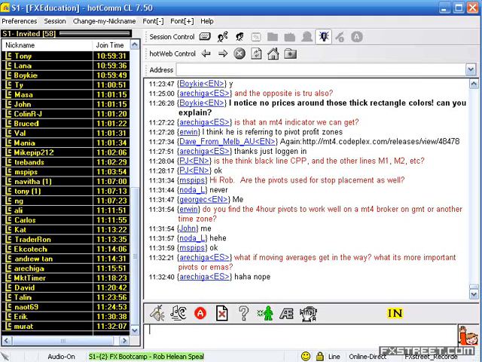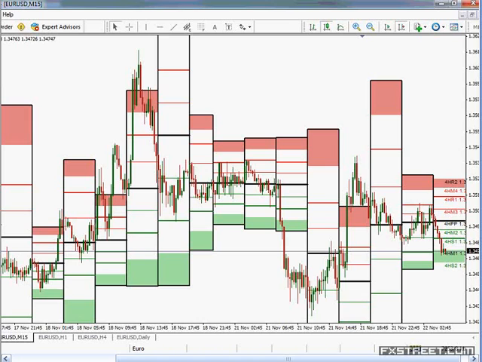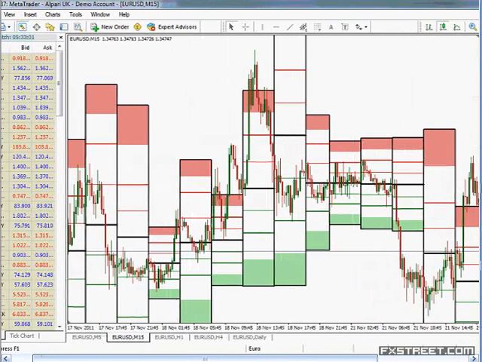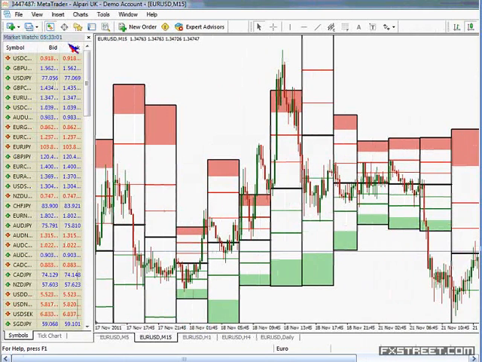Brokers have different open times, don't they? This is my broker time right now, 5:33. It's an hour ahead of GMT. I would say combined EMAs with pivots are all good.